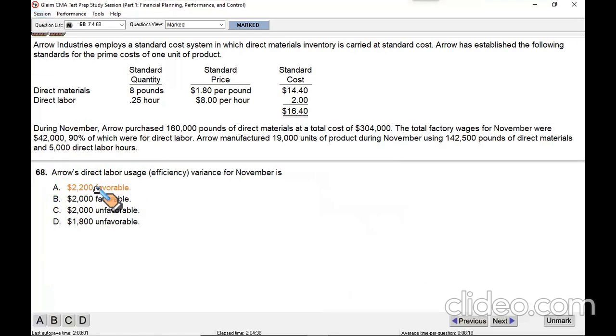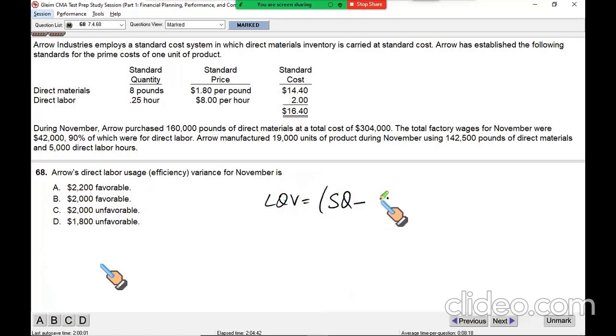A it is. Now we have to calculate the labor usage variance or efficiency variance. Efficiency variance, usage variance, labor quantity variance, all the same. It's standard quantity of hours we should have used minus actual quantity of hours we actually used multiplied by the standard price. Standard price of labor is right here, 8. Now look at this.